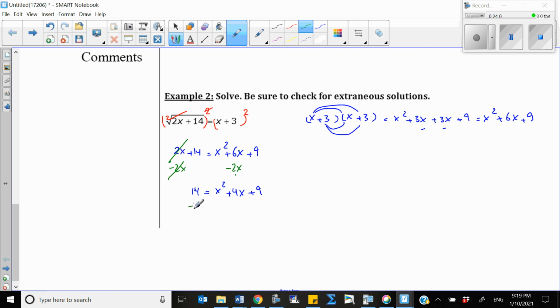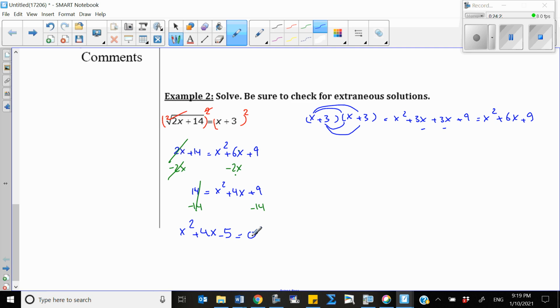Next, I'm going to subtract 14. So I will have x squared plus 4x minus 5 equal to 0. You see, 14 and negative 14 is 0. So what happened here? I have a quadratic function.